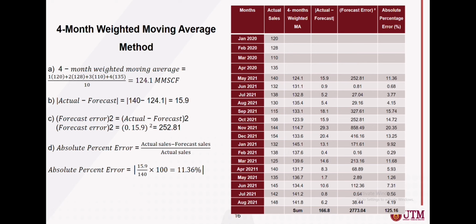For the 4-month weighted average calculation, it was 124.1, actual forecasting was 15.9, the forecasting error is 252.81, and the absolute percentage error was 11.36.